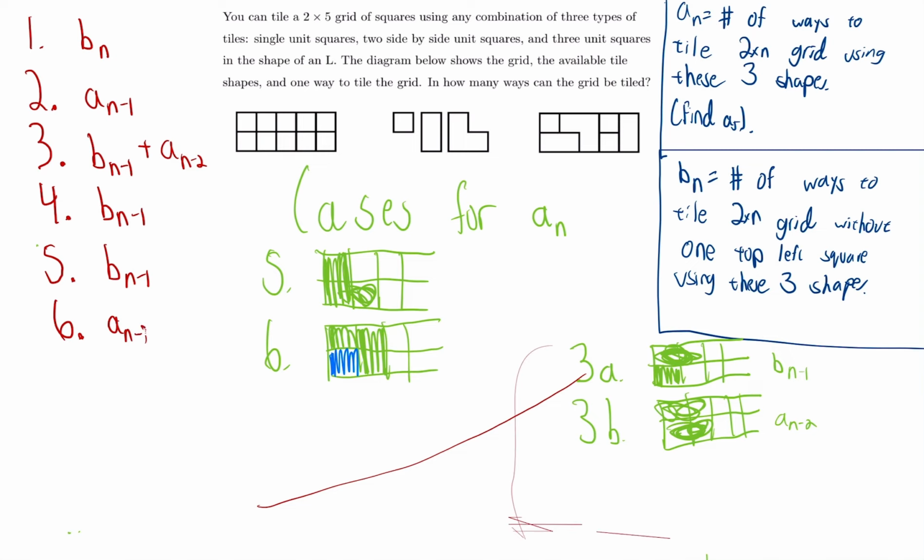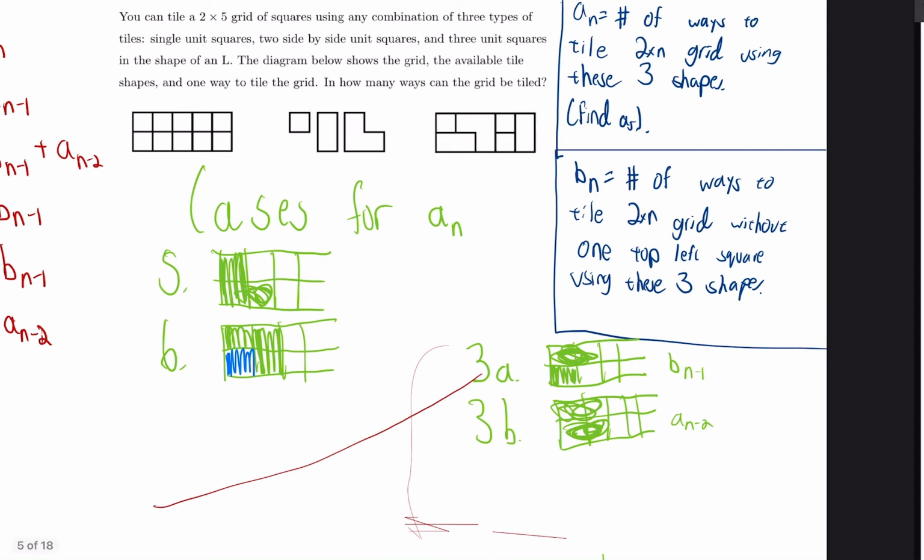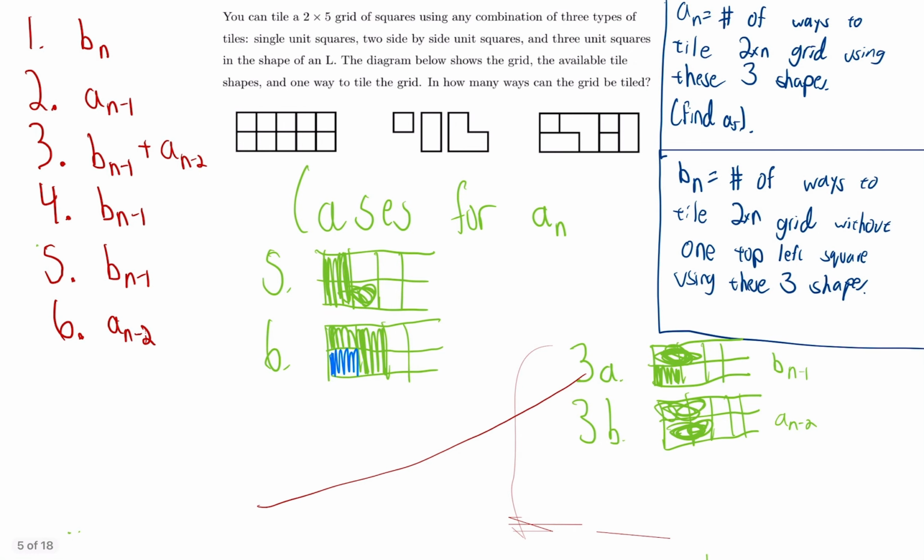Okay, that's good. So now we know that A of n is equal to B of n plus A of n minus 1 plus B of n minus 1 plus A of n minus 2. Just clear this to make more space.